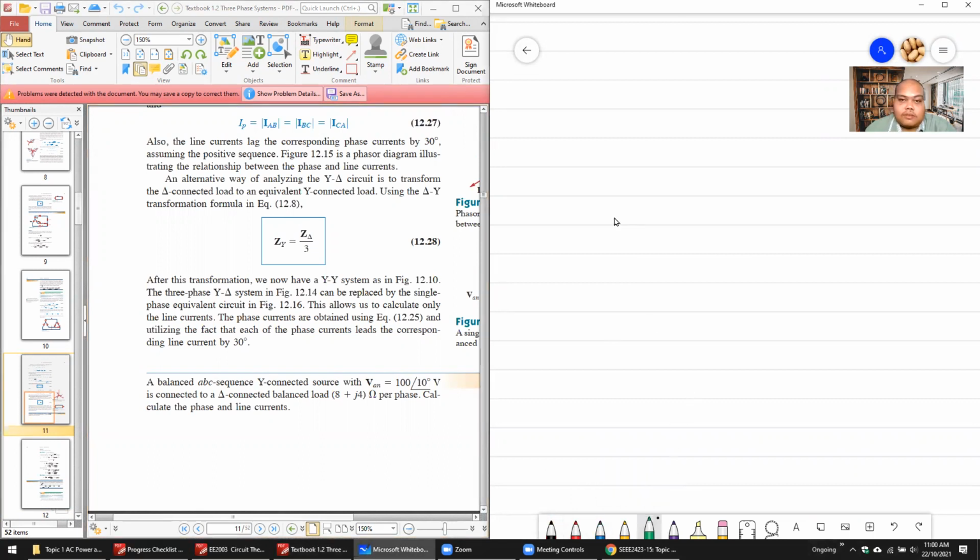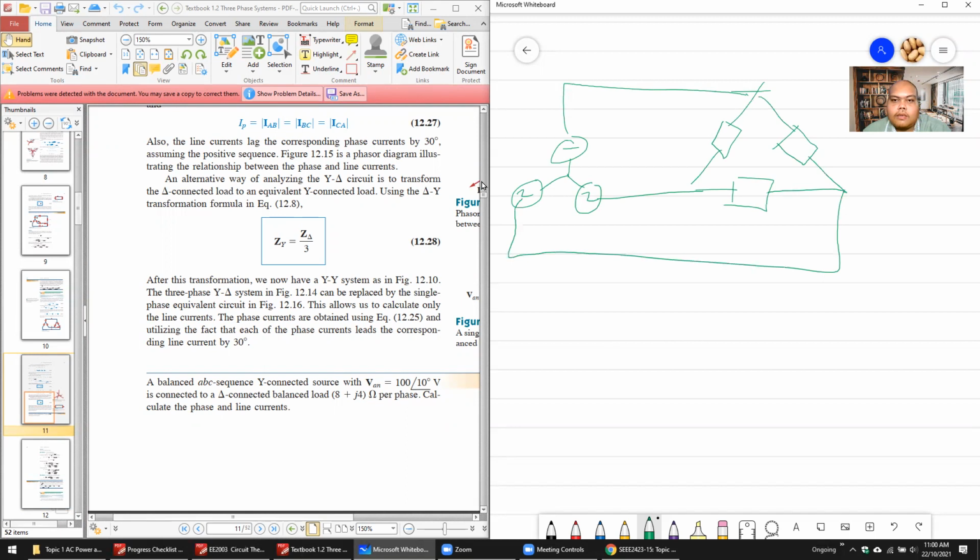So of course you have a Y-connected source. Draw this, and then you label it. A, B, C, A, B, C. Remember, A is inside and C is outside.